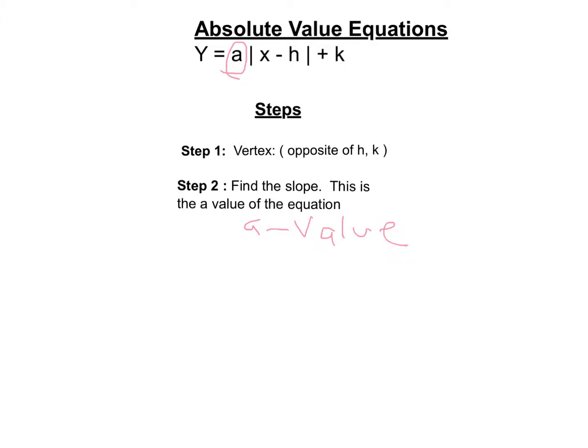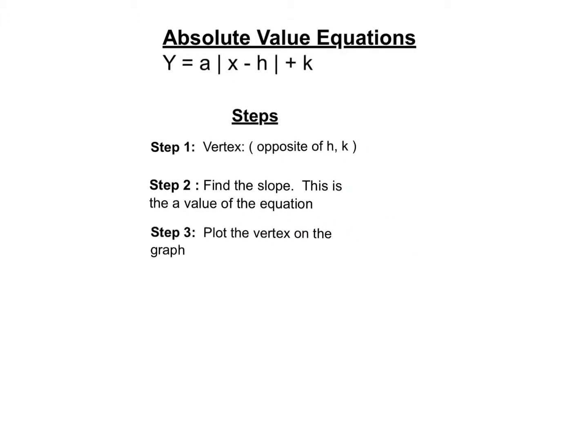So we have the vertex, and you're going to have a slope, just like when we were graphing normal lines before, where we had the point and then we had the slope to move off of. Then we're going to plot the vertex on a graph. Just like when we were graphing normal lines, we'd plot the point first. Same idea here.